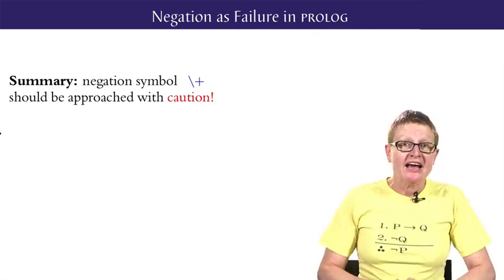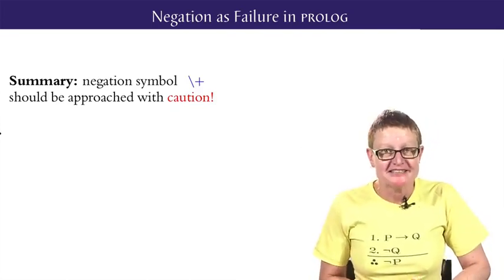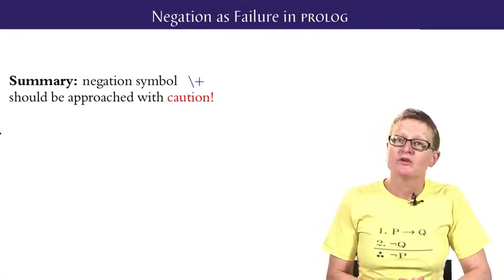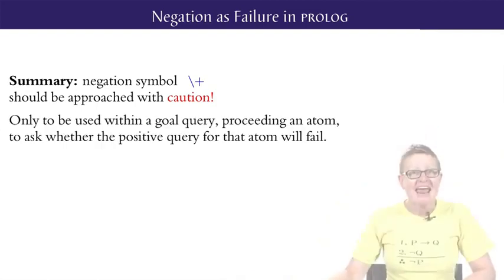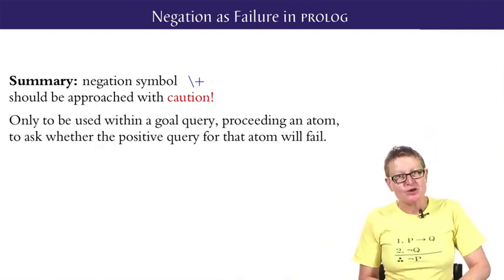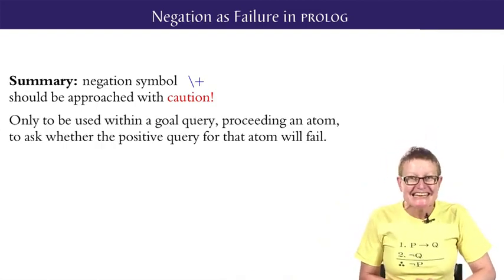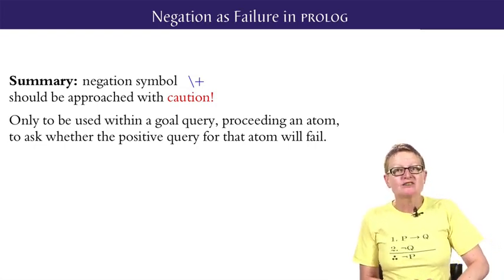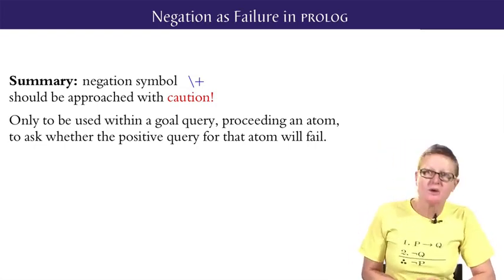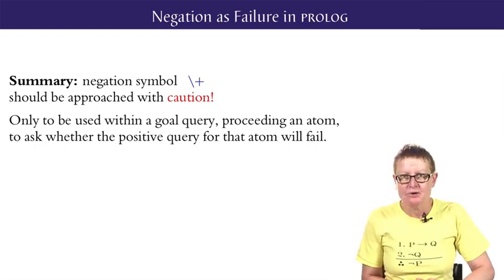In summary, the negation symbol in PROLOG extensions should be approached with caution. It is only to be used within a goal query preceding an atom to ask whether the positive query for that atom will fail.